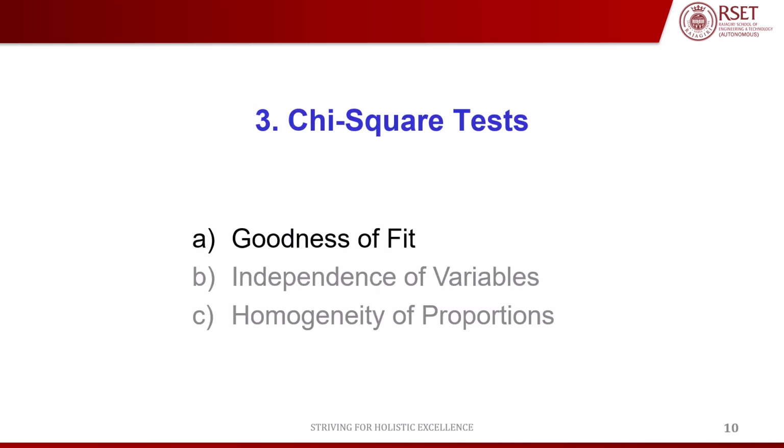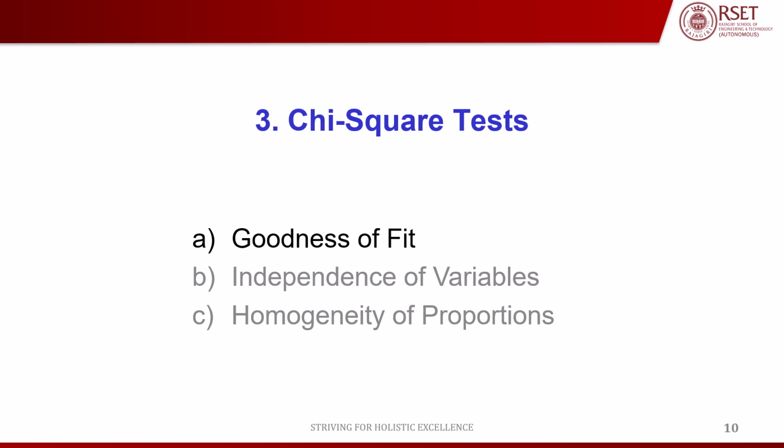And the third set of ways to find out which features are important, and based on that remove features, is by using the chi-square test. We would be seeing only one chi-square test in this module, that is goodness of fit.